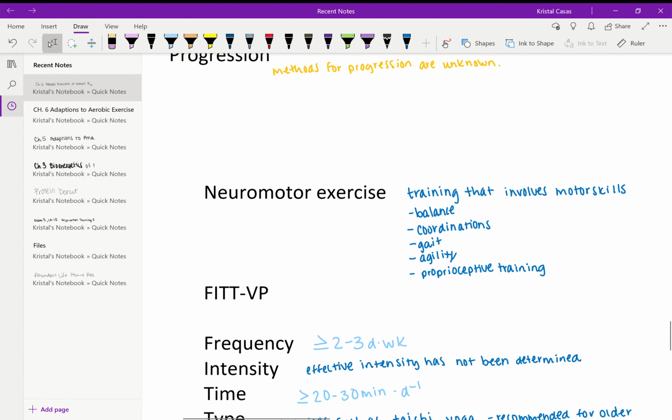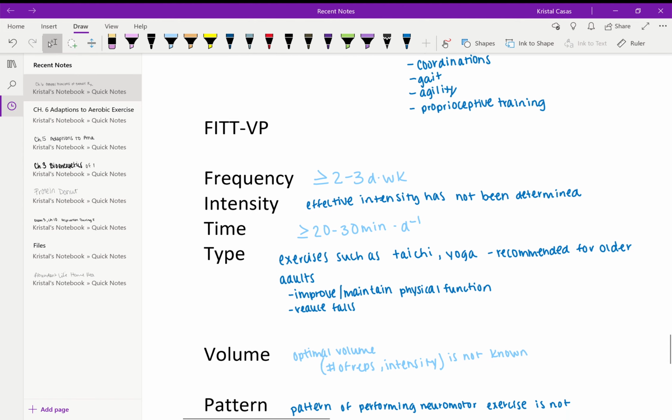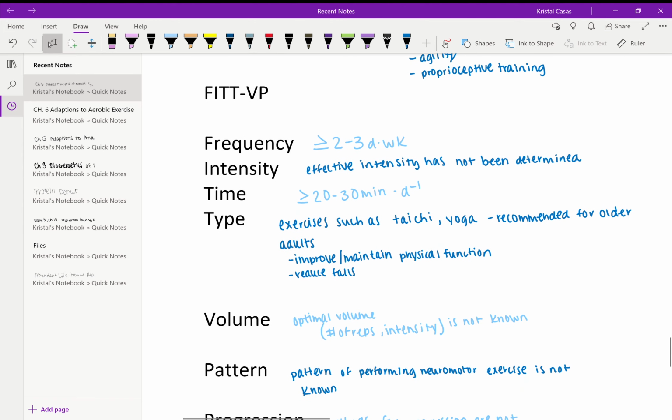Then we have neuromotor exercises. These would include balance, coordination, gait, agility, and proprioceptive training. The FITT-VP frequency is 2 to 3 days a week. Intensity has not really been determined for this. For time, 20 to 30 minutes a day is fine.